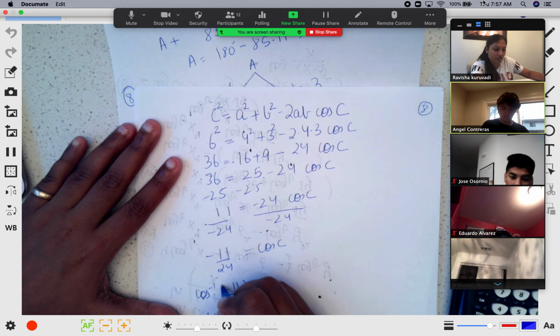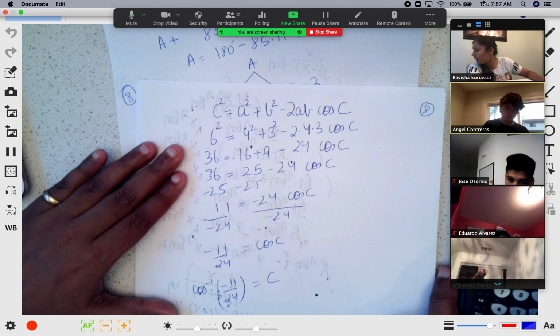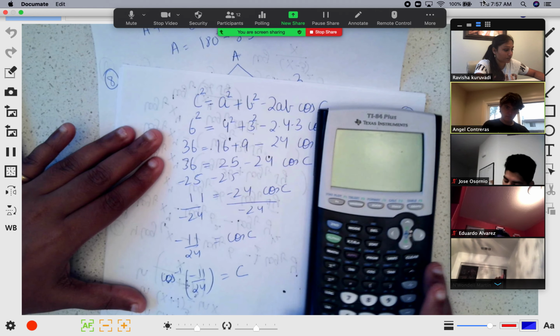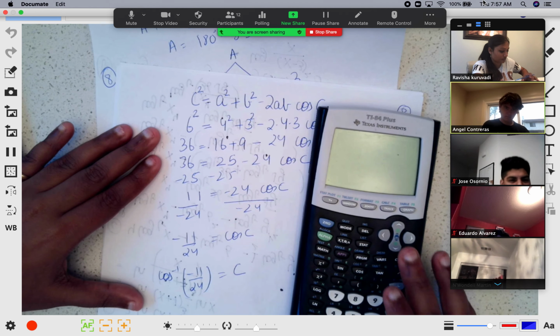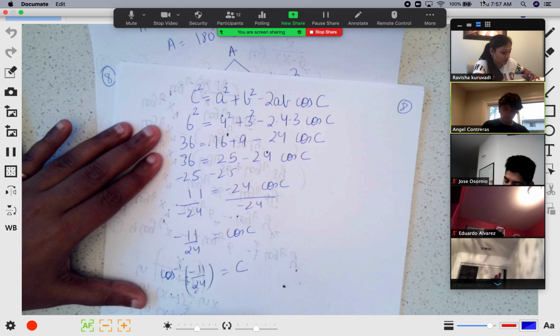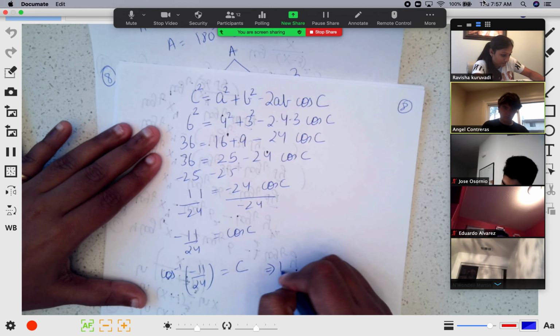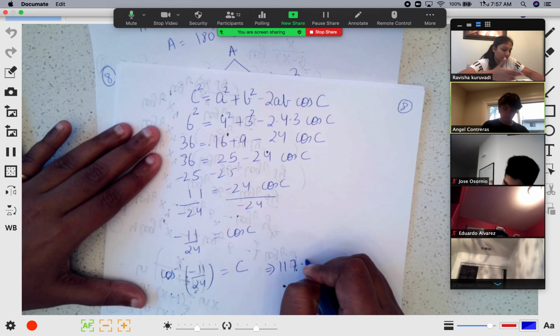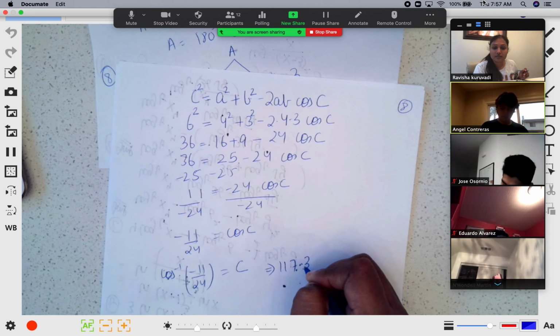You get your C. Use a calculator and find the value. Cosine inverse of negative 11 over 24 gives you 117.3, or 117.28, so about 117.3 degrees.